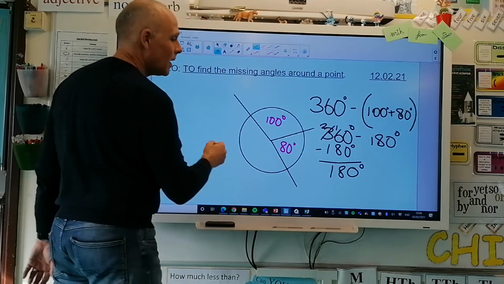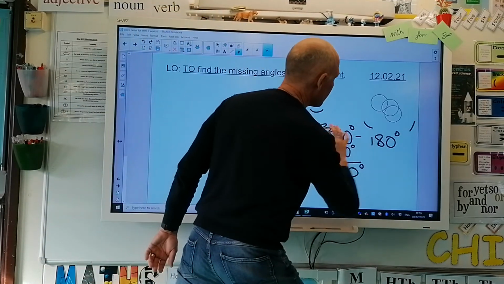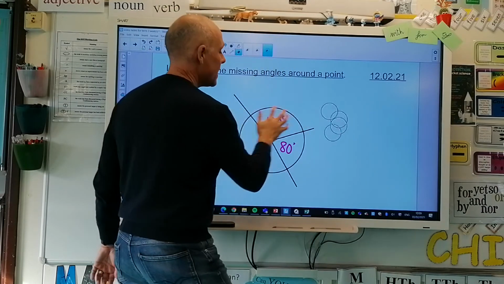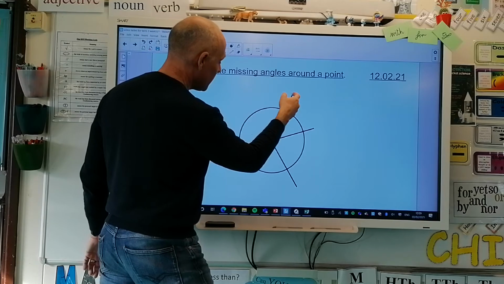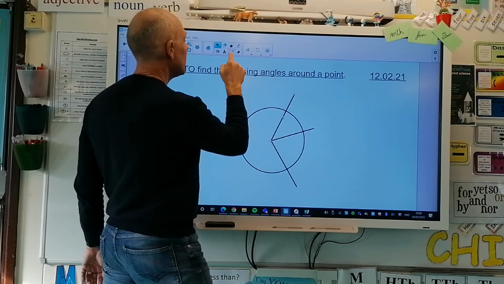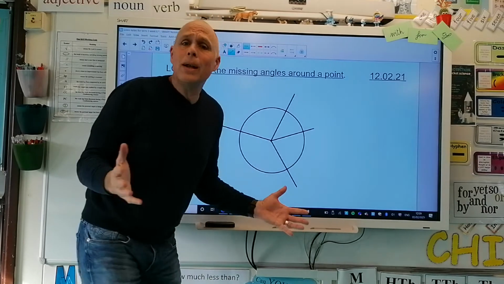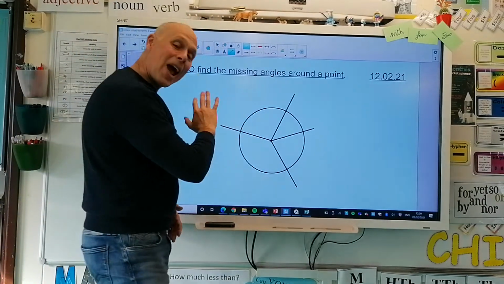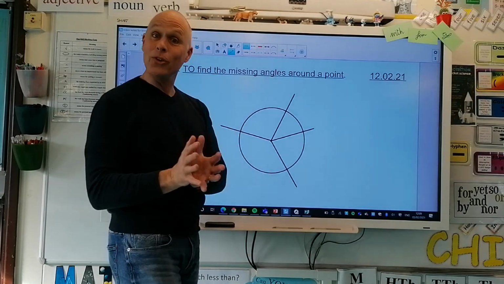But yeah. Okay, now it could get even more complicated. So at the very end of the sheet, the second side of the sheet, we have got more angles. But again, don't let it panic you. Subtract from the whole everything you do know.